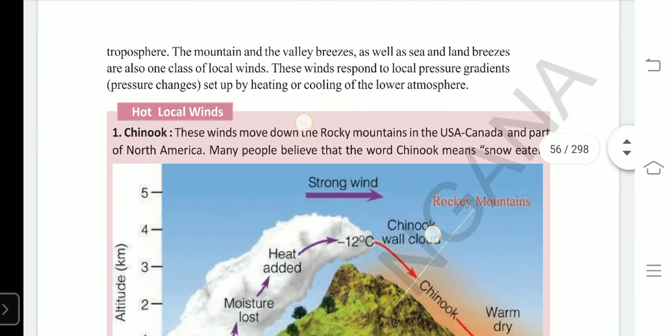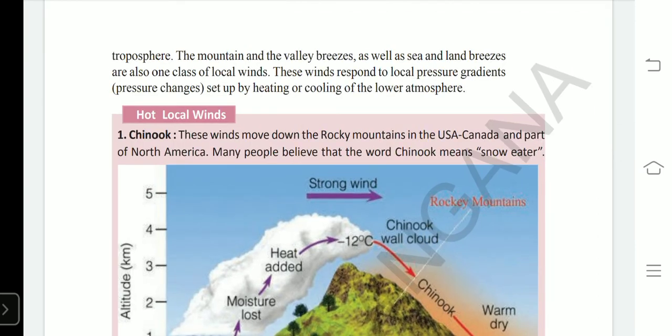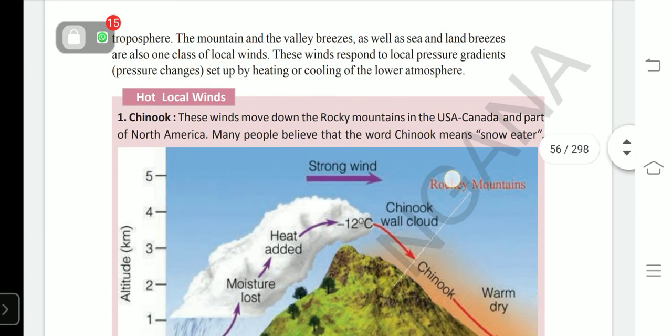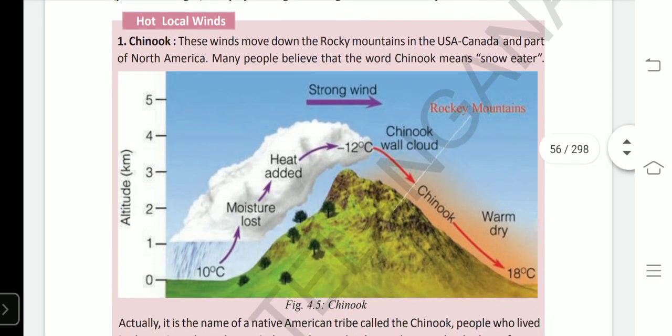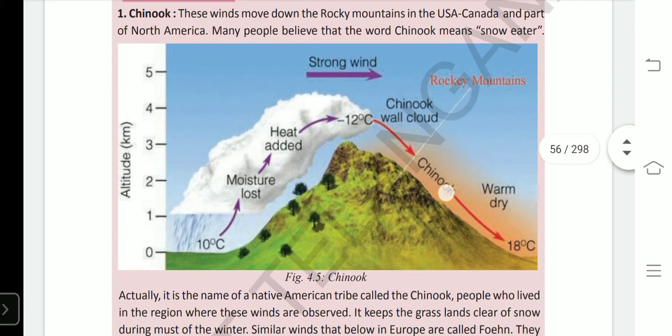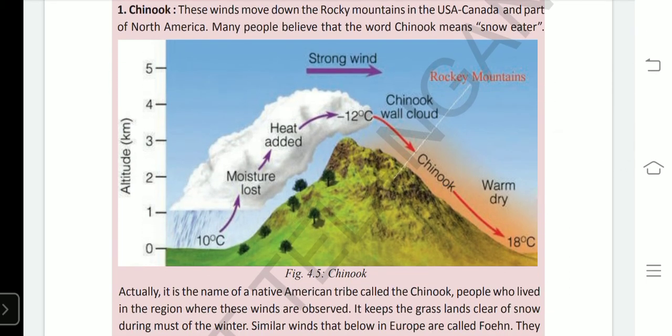This is in North America. Many people believe that Chinook is a word which means snow eater. The people believe that Chinook means snow eater, right? But actually, Chinook is the name of a Native American tribe.